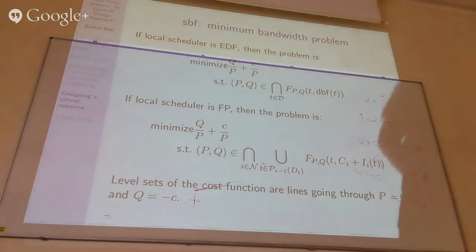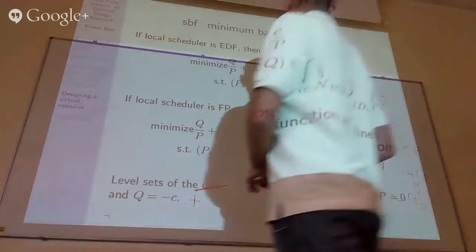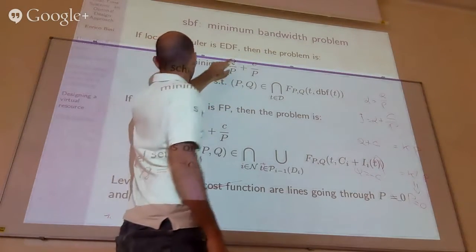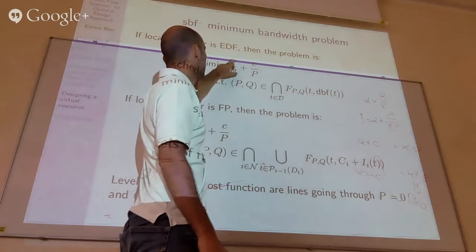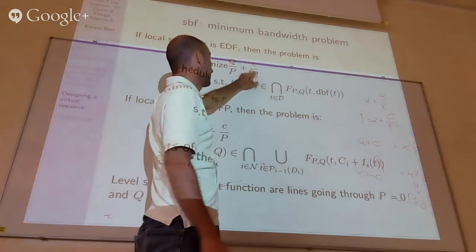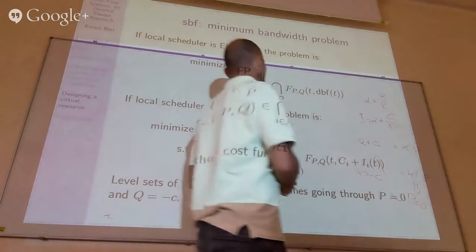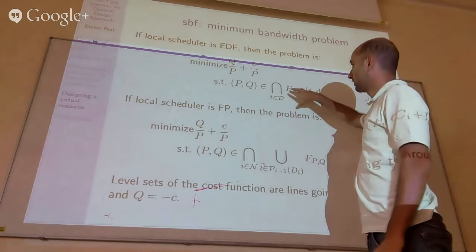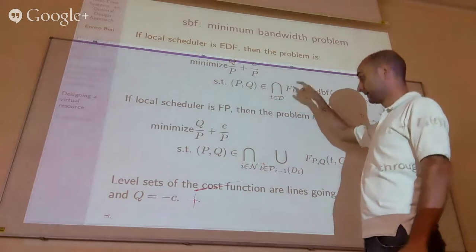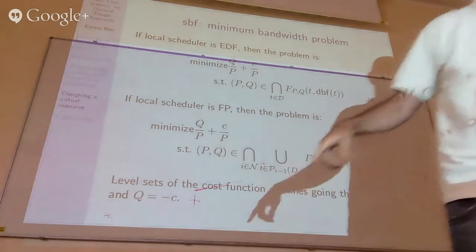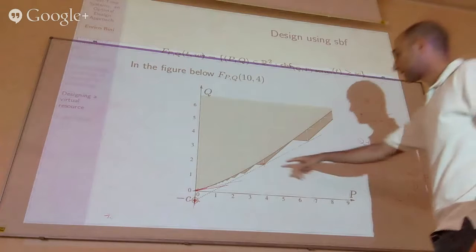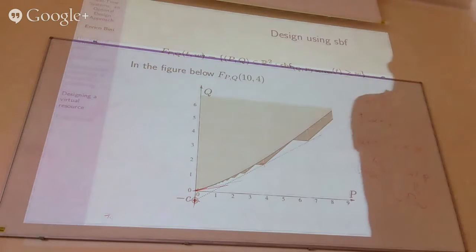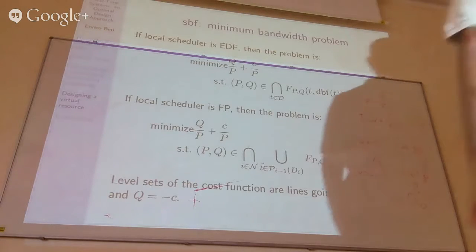This is the same formulation of the problem as before. Basically, we want to minimize the bandwidth over the context plus the wasted bandwidth. Instead, if we want to solve the problem on the exact region, we have to make the intersection of all these regions. So now it's not convex anymore, it's this kind of strange shape.